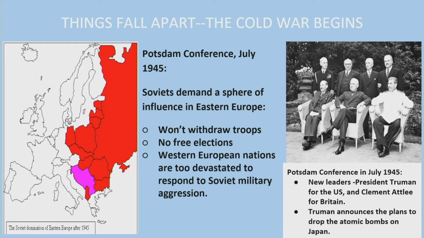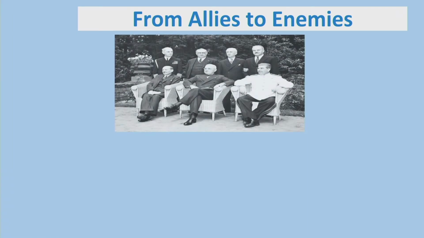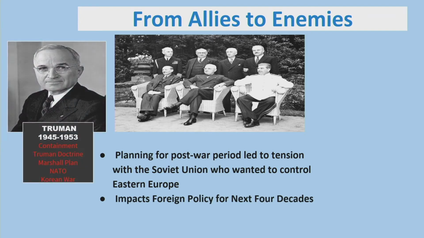Western Europe says to the U.S., we're really too devastated ourselves at this point to respond to a new threat from the Soviet Union after just defeating Hitler. But that's where the situation stands, and gradually allies turn into enemies. A situation that's going to affect our foreign policy for the next 4 decades.